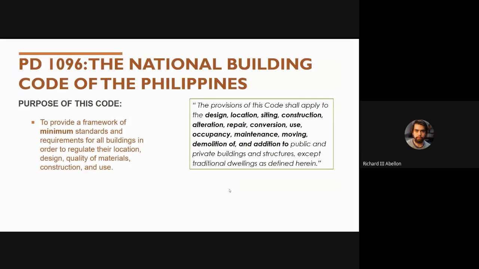Quality of materials. Dito naman, meron yung ano ba dapat yung material na gagamitin para maging effective for this type of building. For example, ano ba dapat yung material na gagamitin mo for a five-story building or for, let's say, an office building compared to a school building.